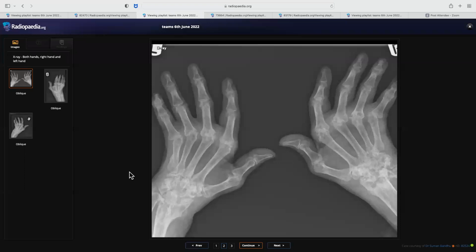So where are the erosions based? These are marginal erosions. Okay, and which joints are involved predominantly? The predominant involvement is metacarpophalangeal and interphalangeal, in an asymmetrical fashion.